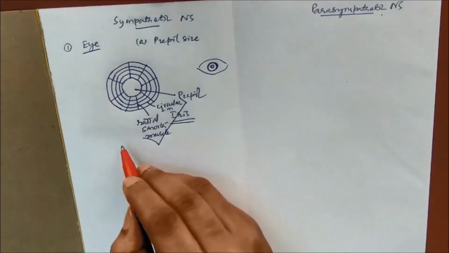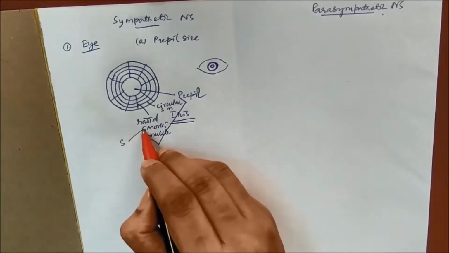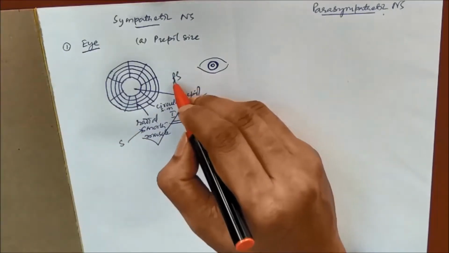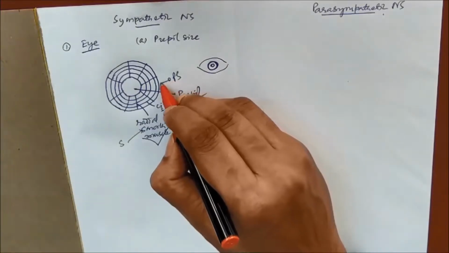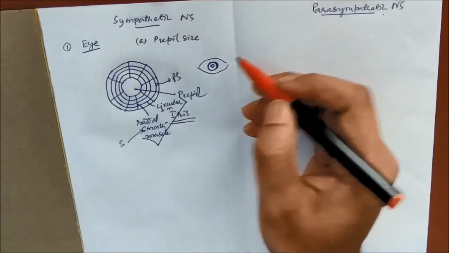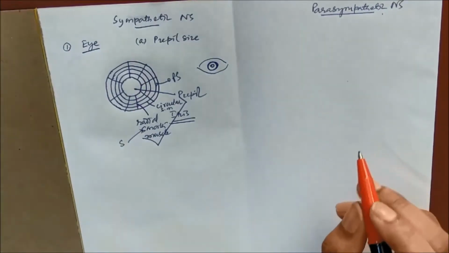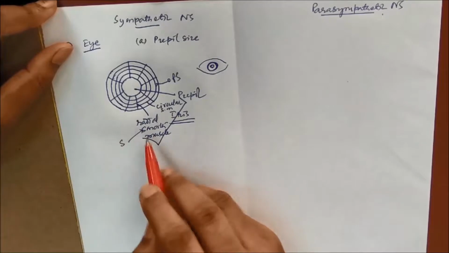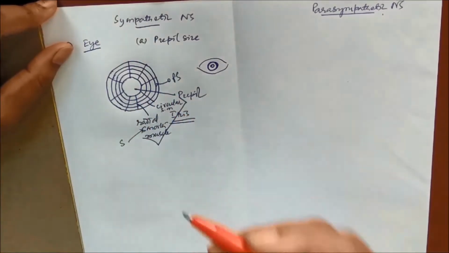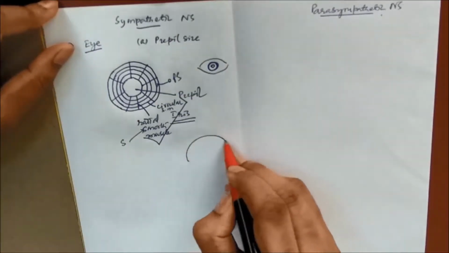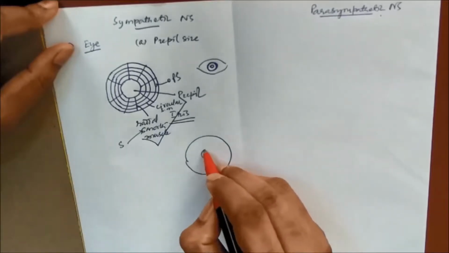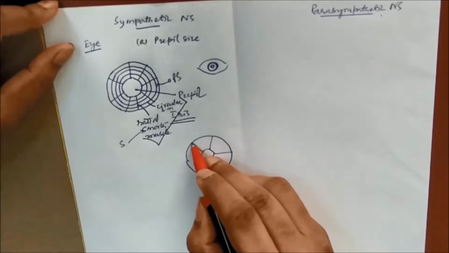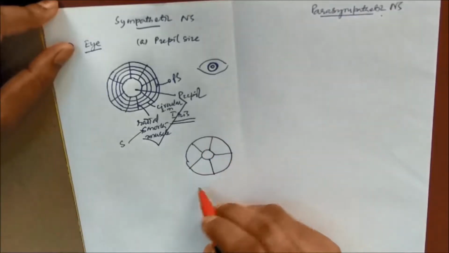The sympathetic nervous system innervates the radial smooth muscle. The parasympathetic nervous system innervates the circular smooth muscle. So when the sympathetic nervous system is activated, the radial smooth muscle is contracted. You can see this is the pupil and these are the radial smooth muscles. Ignoring the circular, we see only the radial.